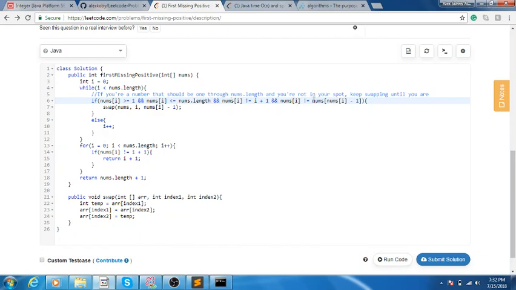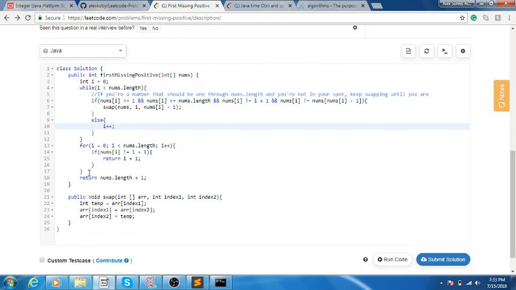So num sub 1 is a 1, and 1 minus 1 is 0, so num sub 0. If num sub 1 is not equal to num sub 0, so that's just checking if there's two 1s there, you'd swap, else you increment I and you look at the next index.